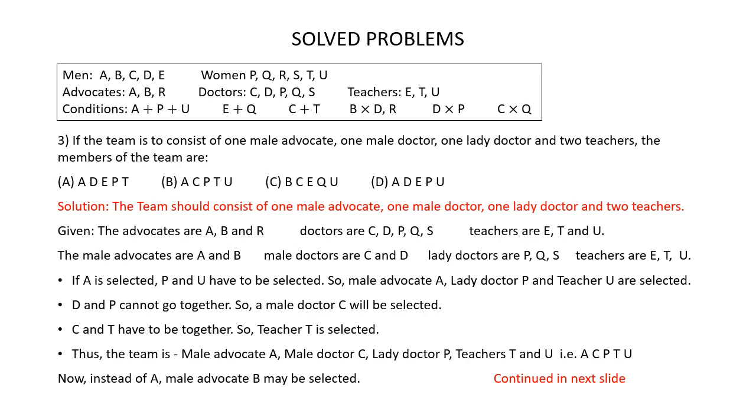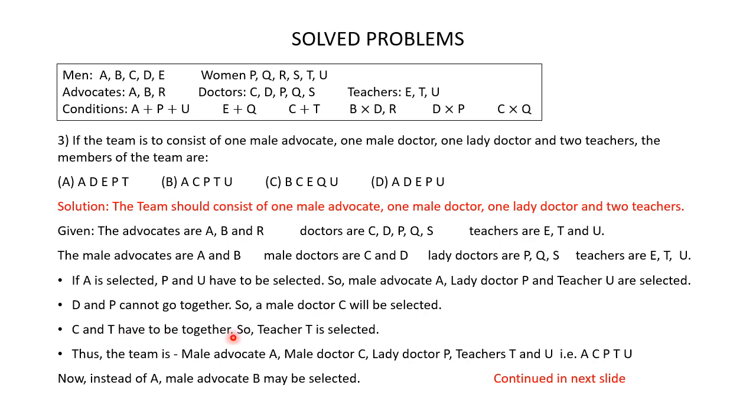Now the teachers are E, T and U. Now teacher U has been selected. So the other teacher that has to be selected has to be E or T. Now according to the conditions we know that C and T have to be together. Now since C has already been selected, obviously T also has to be selected.